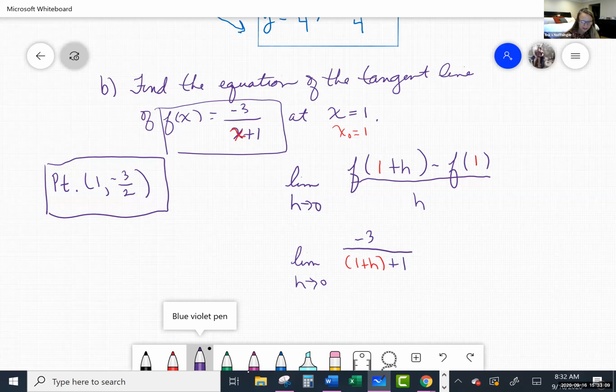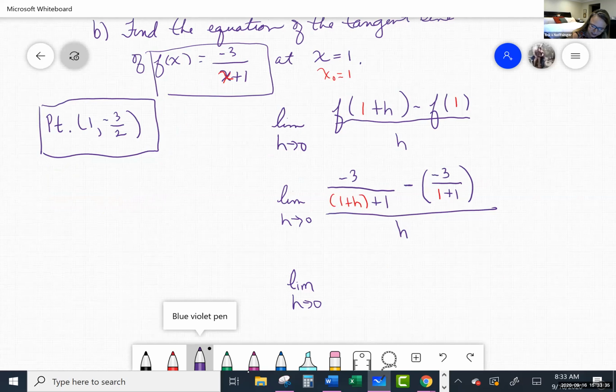So simplifying, you're going to get 0 over 0. Our first fraction in the numerator has negative 3 all over 1 plus 1 in the denominator, which is 2 plus h. Again, minus a negative tells us we're doing addition, so plus 3 all over 2, and this is all over h.